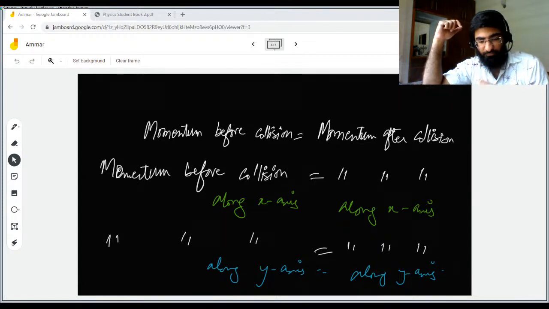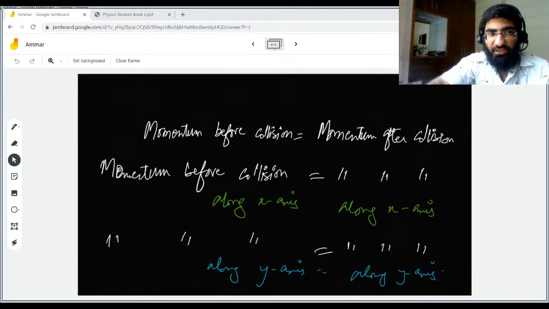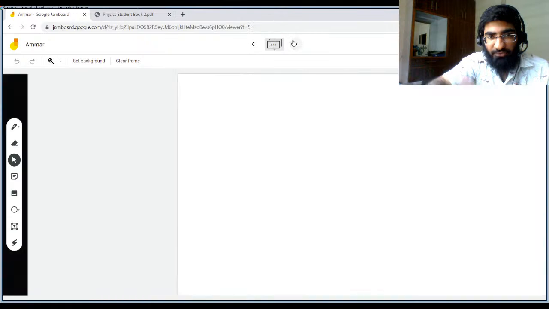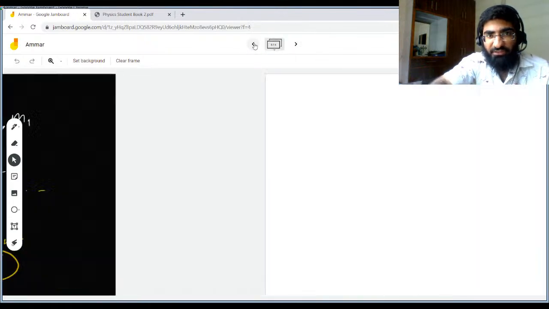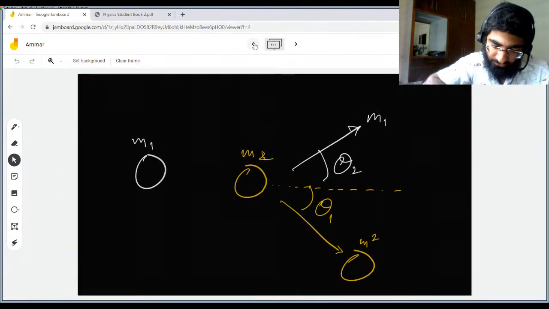Again, as we have ascribed these bodies masses of m1 and m2, let's say their initial velocity was u1 and this one had an initial velocity of u2.